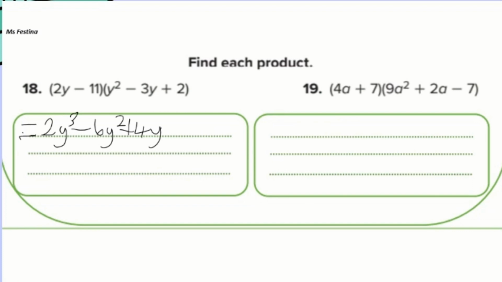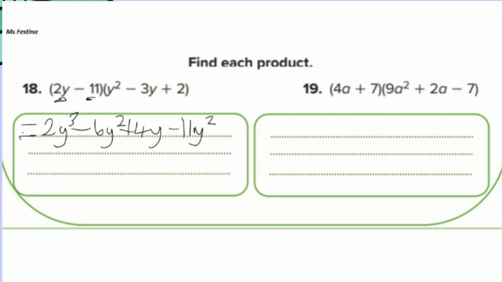I'm done now with multiplying everything by 2y. I'm now going to multiply by negative 11. Negative 11 multiplied by y squared gives you negative 11y squared.